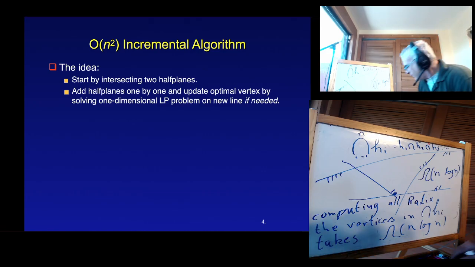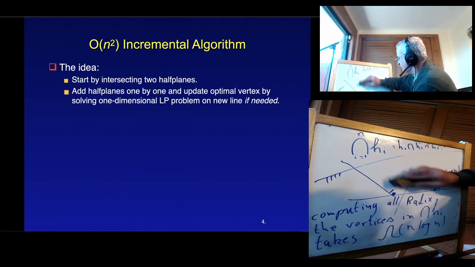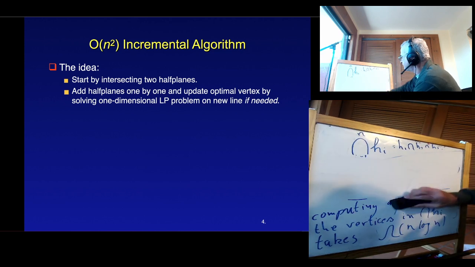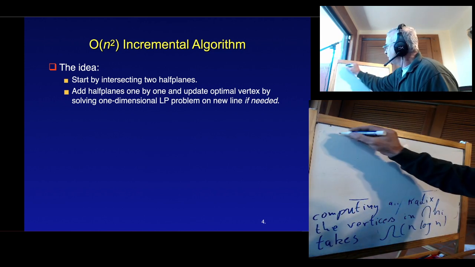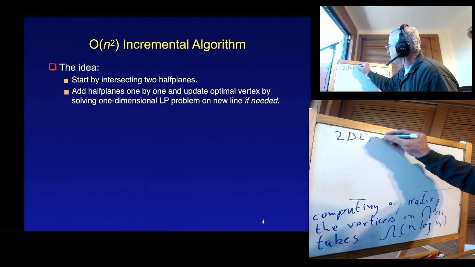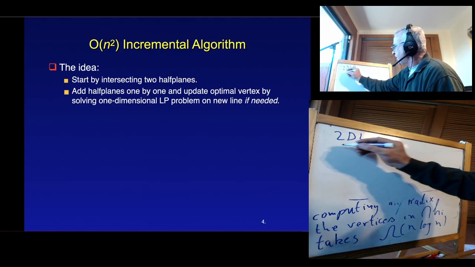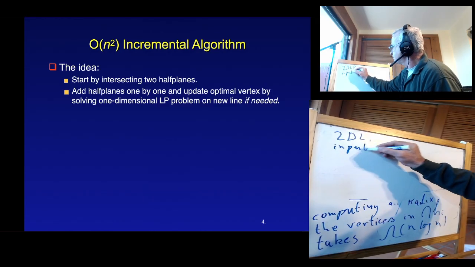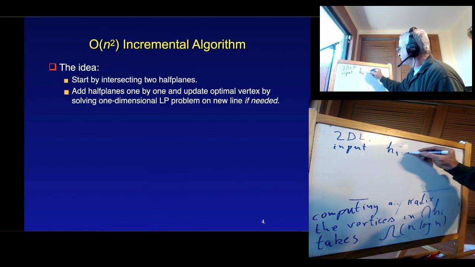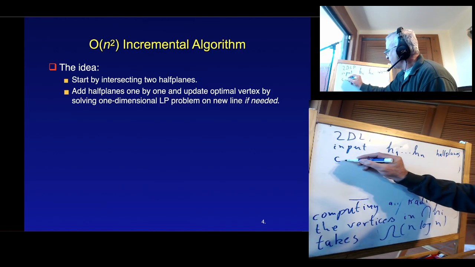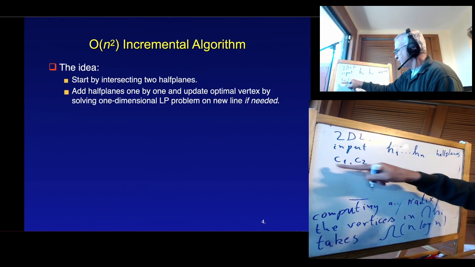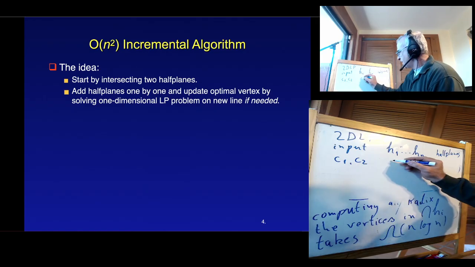I'll remind everybody what the big problem is, because we talked about other things in the meantime. The LP input: half planes h1 through hn, and a vector C, which is a cost function.